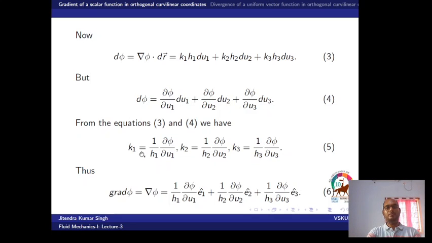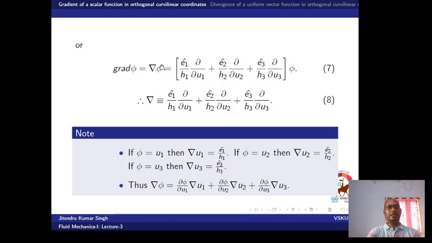Now we put these values of the scalars k1, k2, k3 in equation 1, because we want to determine them. We get grad phi equal to 1 by h1 dou phi by dou u1 unit vector e1 plus 1 by h2 dou phi by dou u2 unit vector e2 plus 1 by h3 dou phi by dou u3 e3.